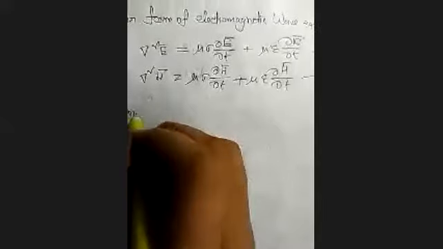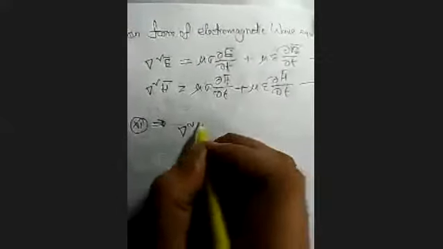Now we will solve for our phasor form. Equation 11 implies del square E is equal to, for phasor form, instead of del by del T you can write j omega. Every time in phasor form, del by del T is equal to j omega.